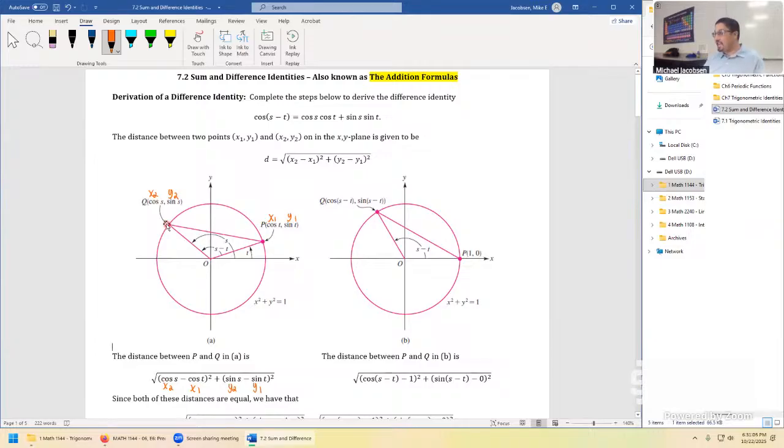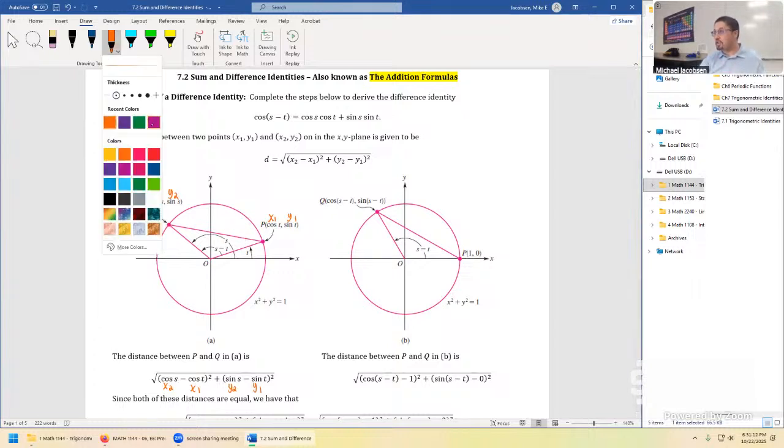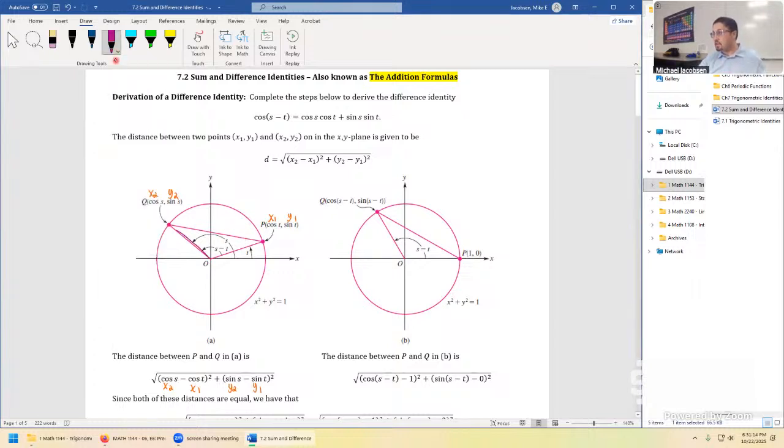And then something really interesting happens in the very next diagram, figure B. If you take this whole structure that goes from here to here to here, and you just rotate it in a rigid way by an angle t in the clockwise direction, you would get this structure.